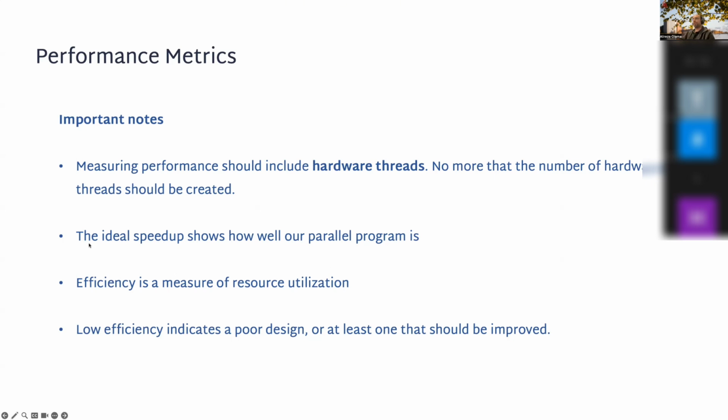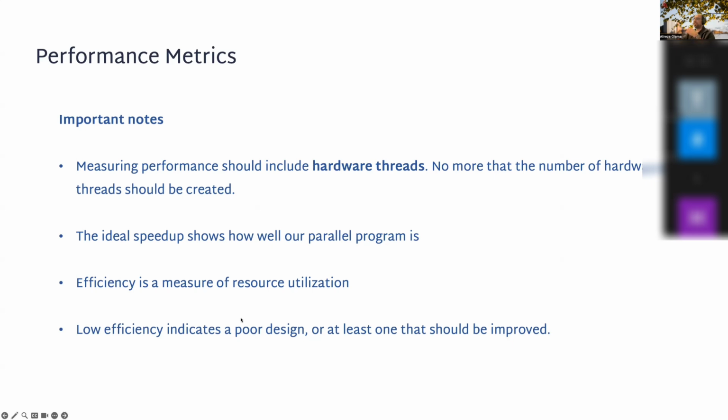Another note is that you can use the ideal speedup to measure how good your program is. And keep in mind that efficiency is the measure of resource utilization. If you have a good efficiency, it means you are using your hardware quite effectively.